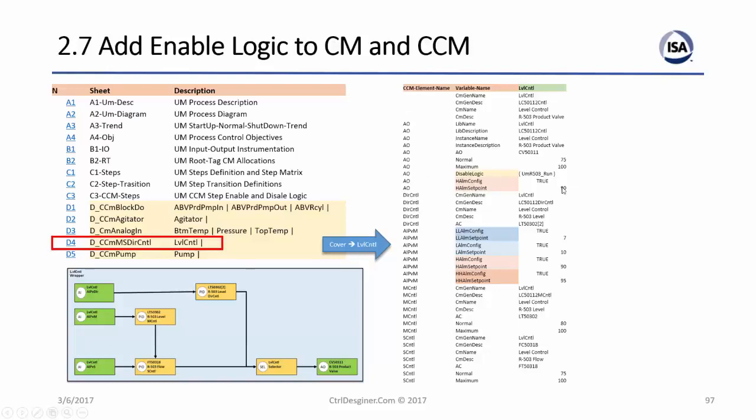Therefore, for the AO here, for example, that we define here, this object is basically a copy of our CMAO. Therefore, it has the name, it has the level control description, what is the normal, what is the max and min, and basically when is disabled logic, when is enabled logic, and so on and so forth.